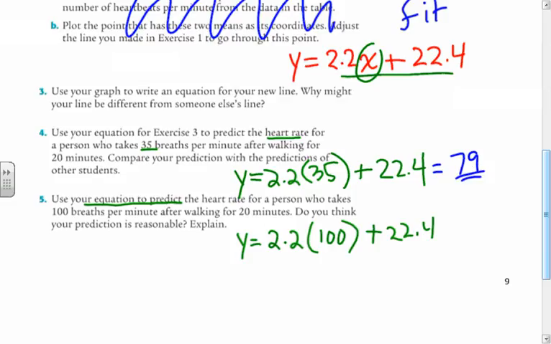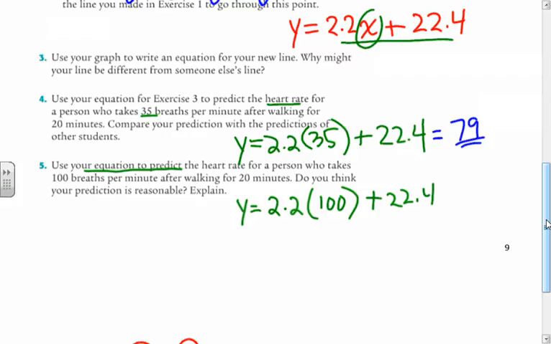I'm going to leave that off because I don't think you can have part of a heartbeat. And if we take 2.2 times 100 plus 22.4, we get 242.4. Now, our question here says, do you think your prediction is reasonable?